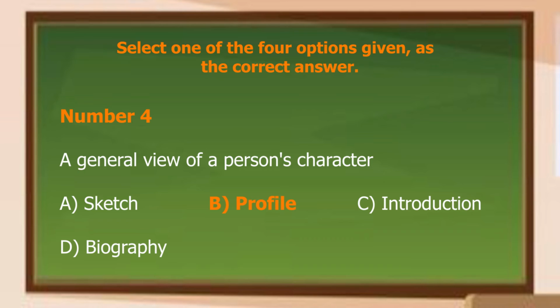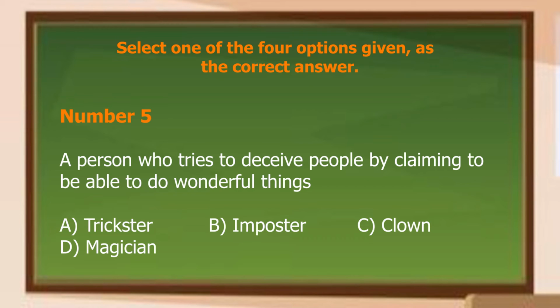Number 5, a person who tries to deceive people by claiming to be able to do wonderful things. And the options are A, trickster, B, imposter, C, clown, and D, magician.